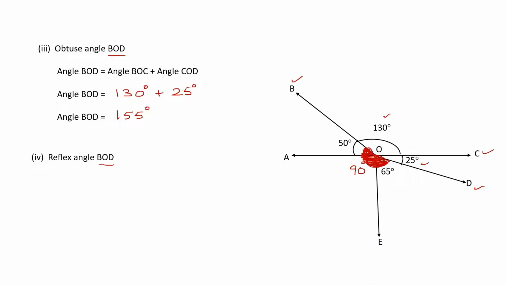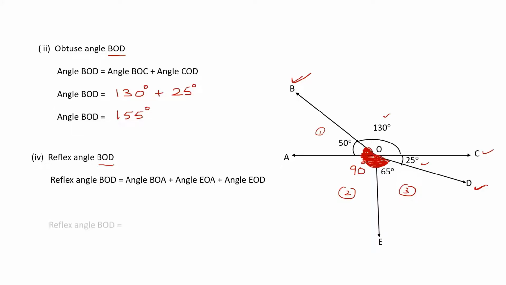So this side, again we have B, we have D, but it's on the other side. Here it's made up of three angles. All these together form reflex angle BOD. So angle BOA, angle EOA and angle EOD together will give you reflex angle BOD.